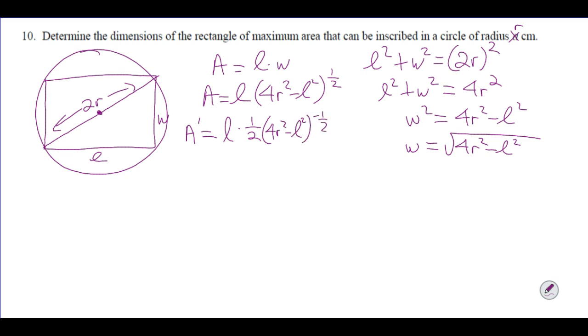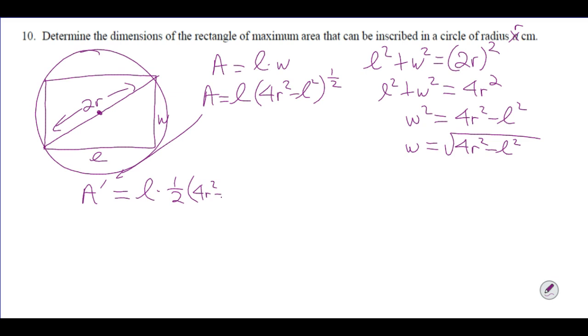You didn't leave enough room for yourself. Okay, so A prime is equal to L times 1/2 times 4R squared minus L squared to the negative a half, times the derivative of the inside, which is 0 minus 2L. So we've got a half and an L and minus 2L, which is just going to be a negative L squared.